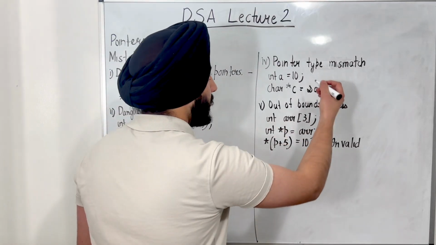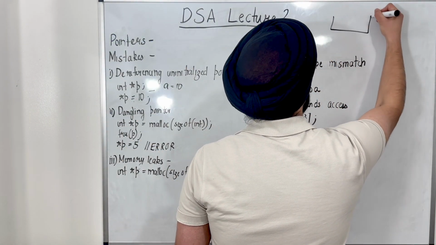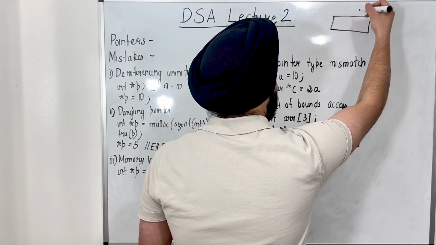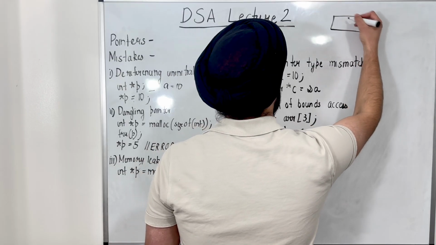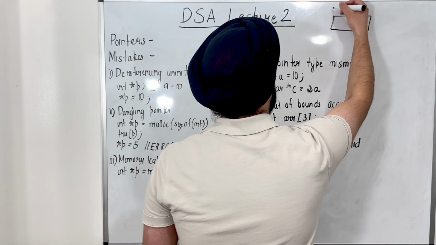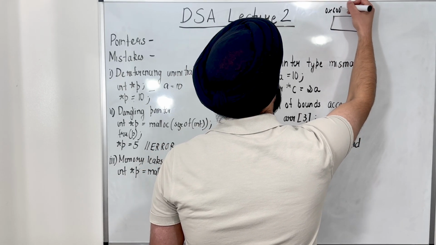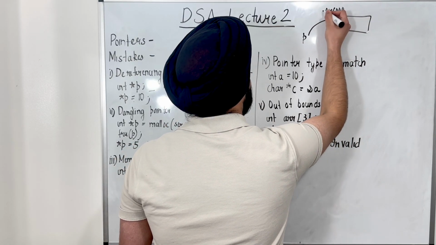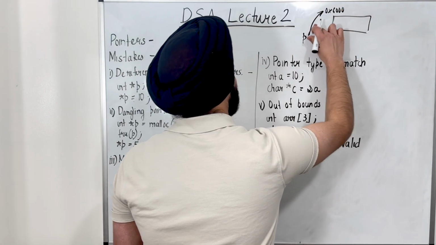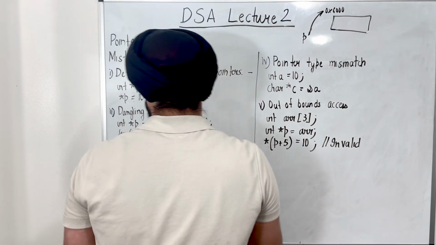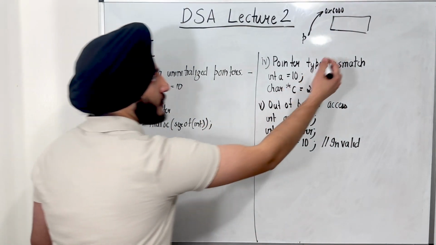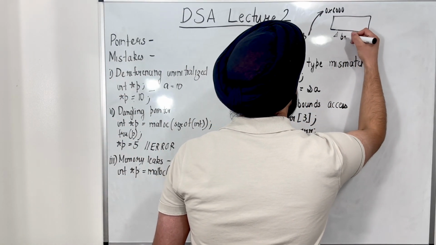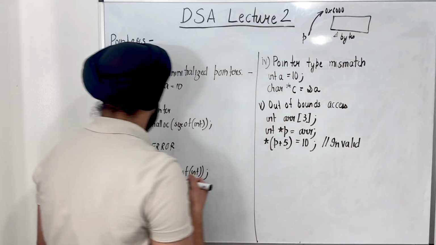So I create this pointer, and a memory of 4 bytes gets created, and let's say the address is 0x6000 once again. So P would be this address, and this much space would get created, equal to 4 bytes.